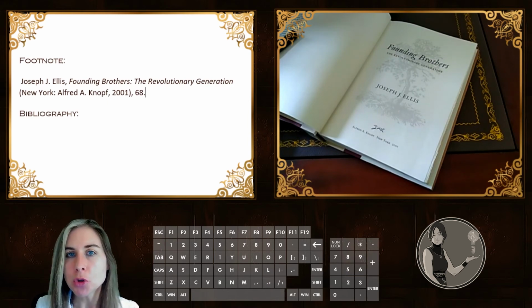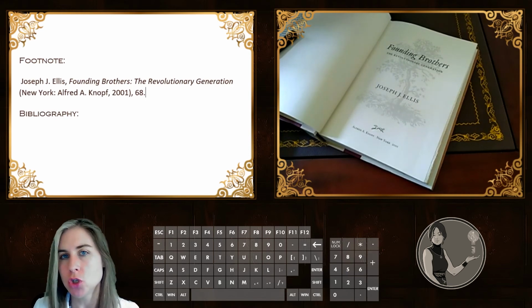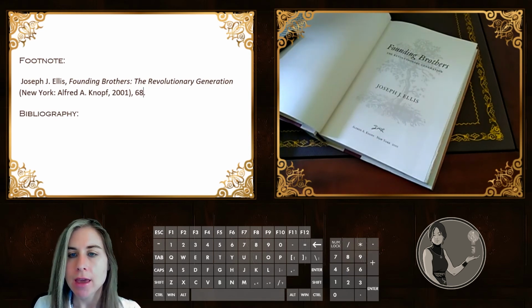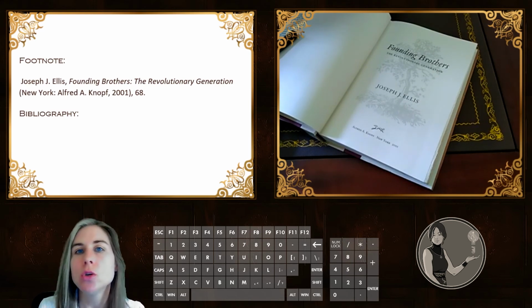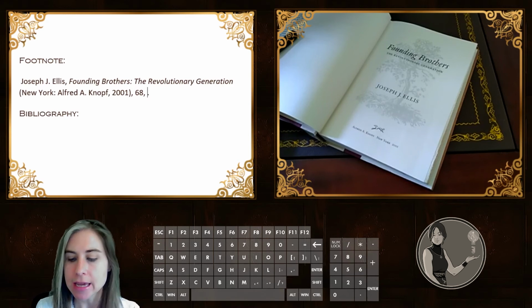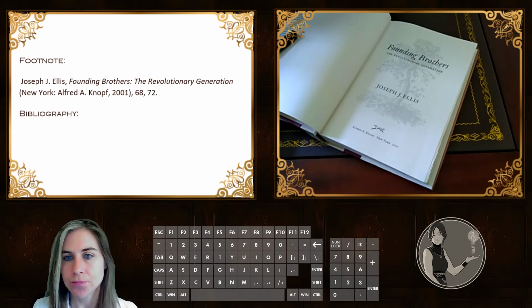If you're using multiple page numbers, however, there's two different ways to do it. If the page numbers are not next to each other, so page 68 and page 72, you separate them with a comma, 68, 72. If, however, it's that entire section, page 68 through 72, you need to include an en-dash.